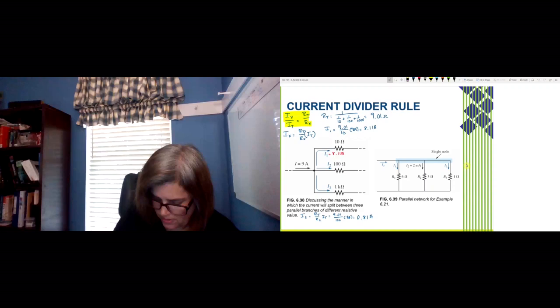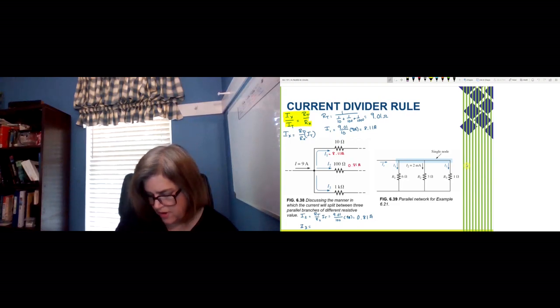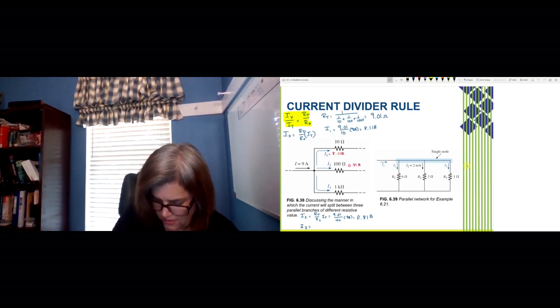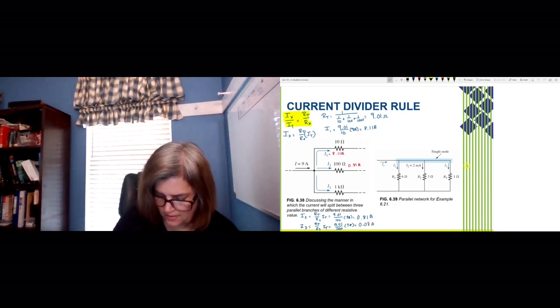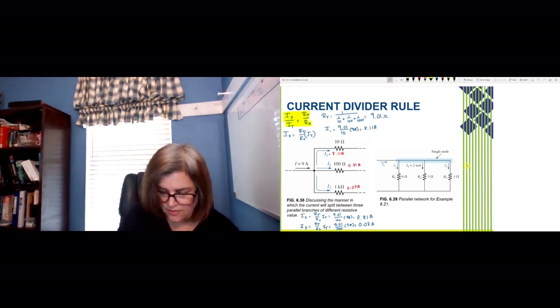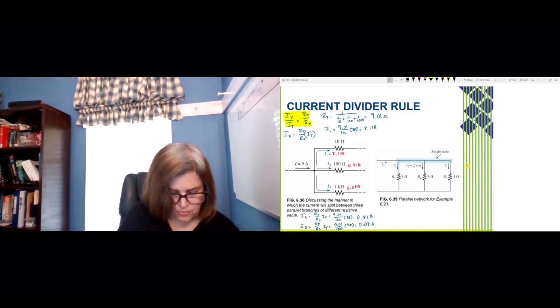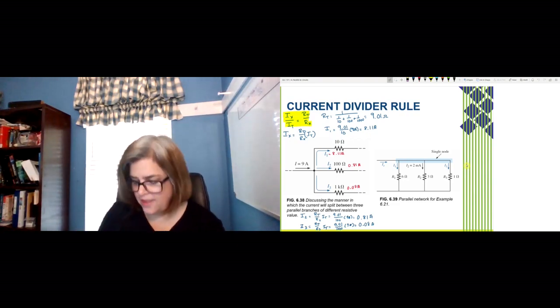And then for I3, again, RT over R3 times IT. So you've got the same RT divided by 1,000 this time, times the 9 amps, or 0.08 amperes, or 80 milliamps. So when you add this up, 8.11 plus 0.81 plus 0.08, we get 9. Okay, so that's the current divider rule.